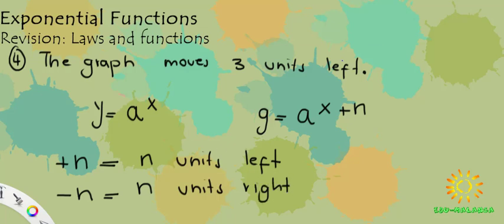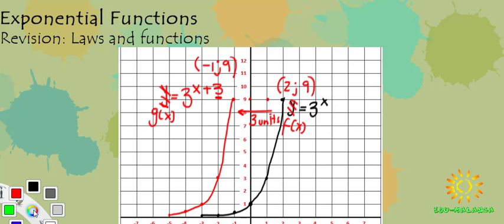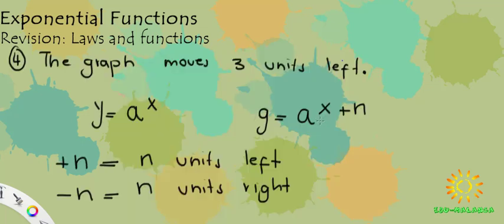So if we had minus 3 in this graph, it would have moved this side, and we would have seen a translation of the graph in this way if we had minus n. That is the effect of adding or subtracting any number from the power of your exponential function.